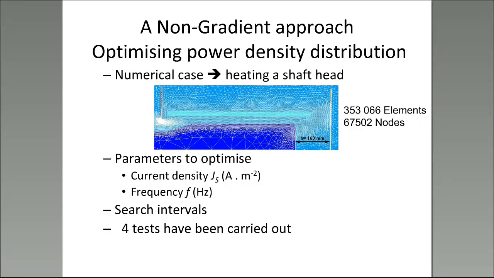Just an example of application here: the idea was to try to optimize the power density distribution for the heating of a shaft head. The two parameters we were aiming at optimizing were the current density and the frequency. This has been done with those approaches.